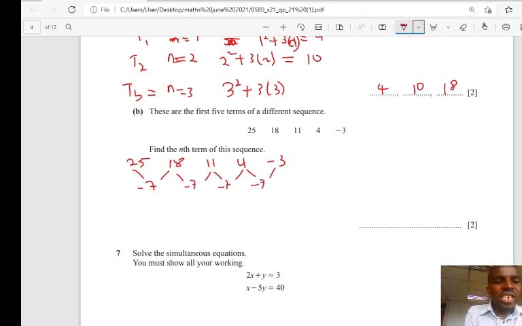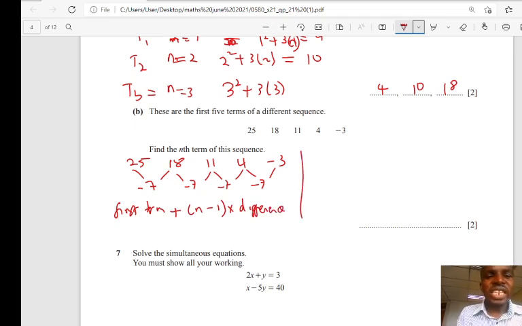So to find the nth term, this is a linear sequence: first term plus n minus 1 times the common difference. So let's substitute. First term is 25 plus n minus 1 times the difference, which is minus 7.